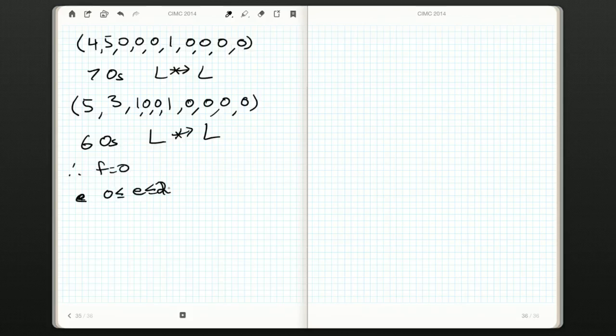So E can be between 0 and 2. That's all well and good. So if E is equal to 2, then 2 times 4, we're looking for 2 4s in our expression.